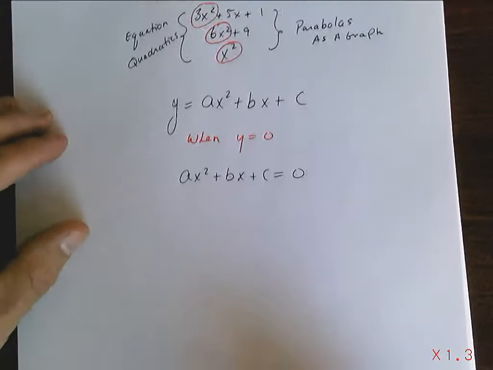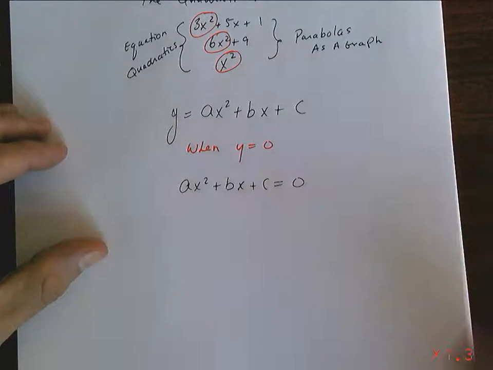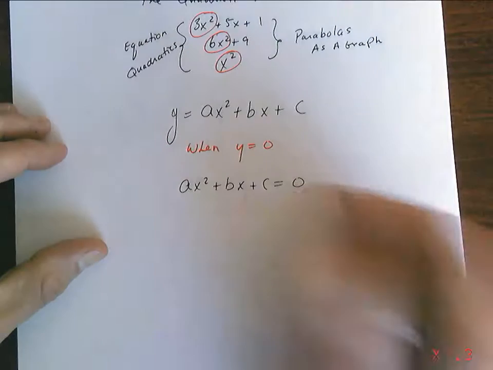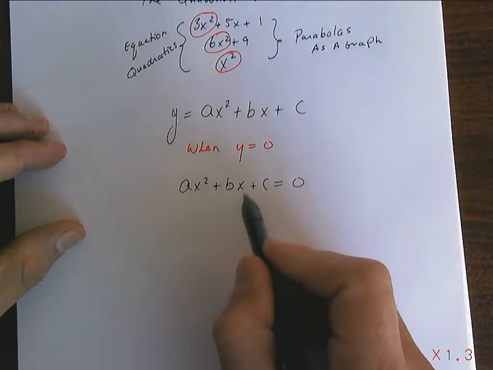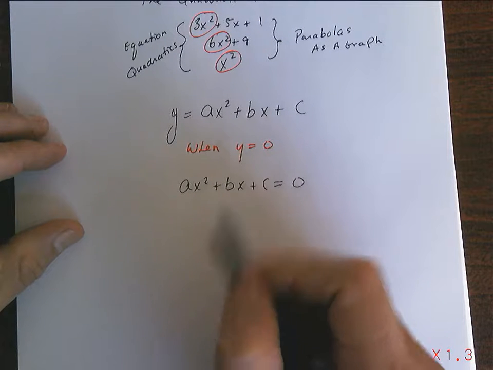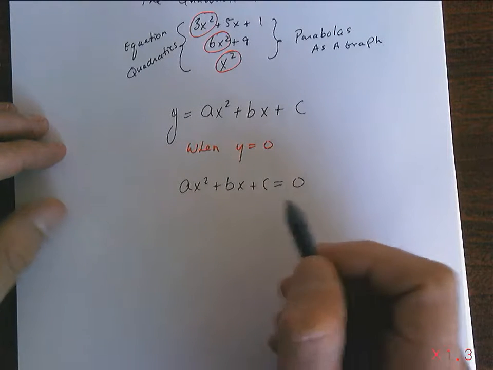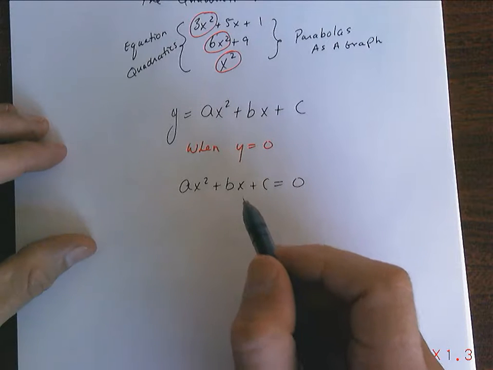We can use the quadratic formula to determine the values of x that make this true. So in the past, we've been able to find the values of x that made this true by factoring and then solving. In this case, we can do it using the formula.